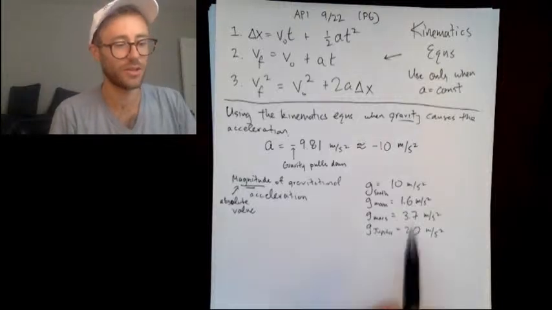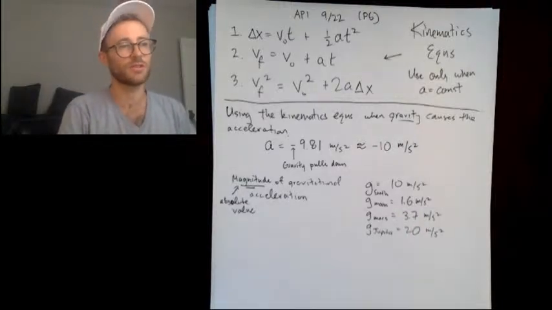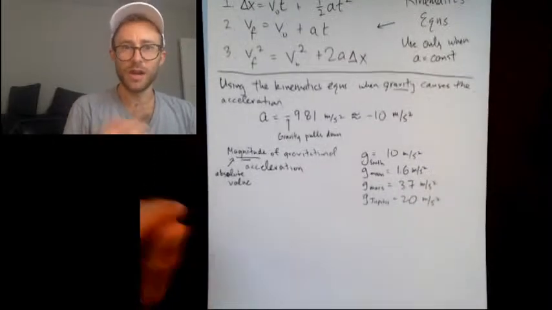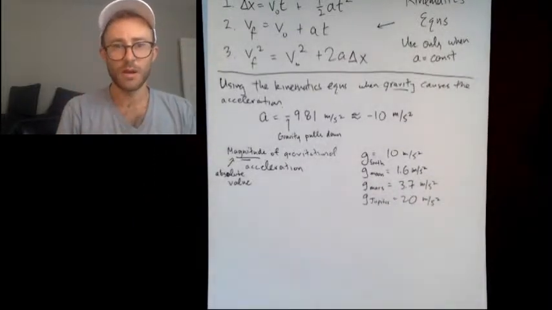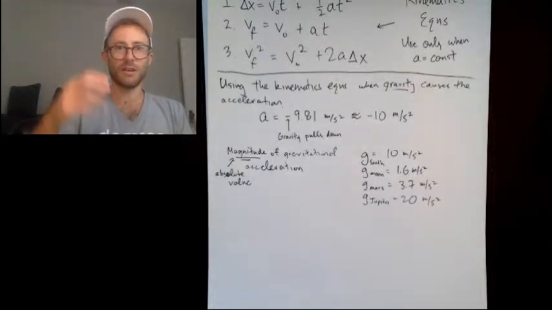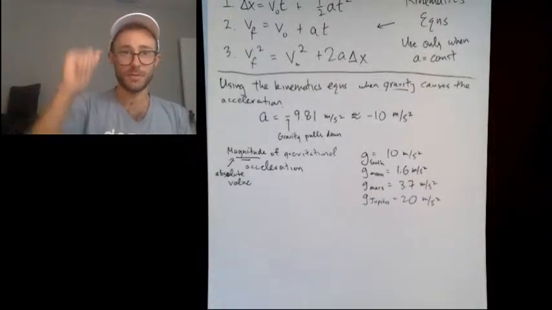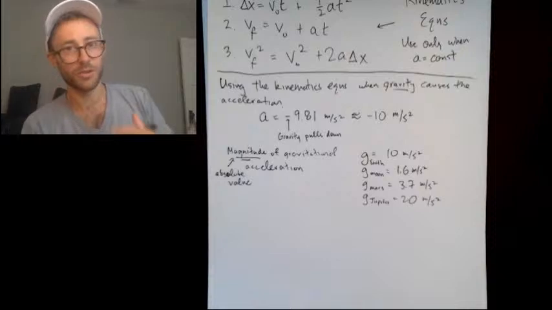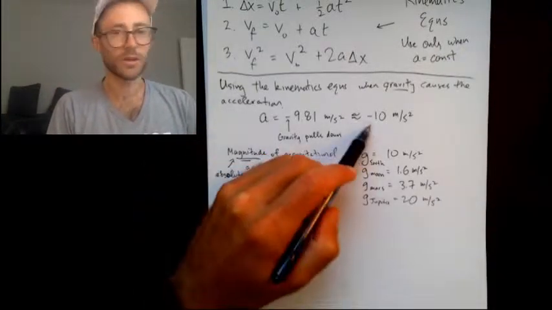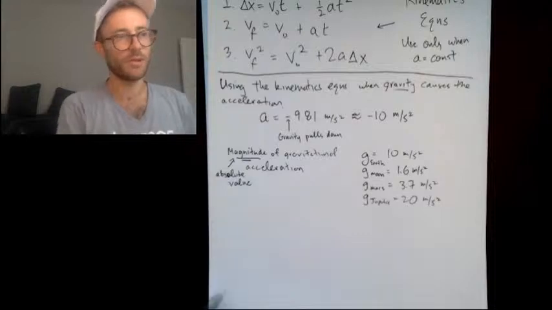So you're going to use negative 10 meters per second squared as the acceleration. The remainder of this class is just going to be more practice with the kinematics equations, but in the context of something flying through the air, above the surface of Earth, where we use an acceleration of negative 10 meters per second squared.